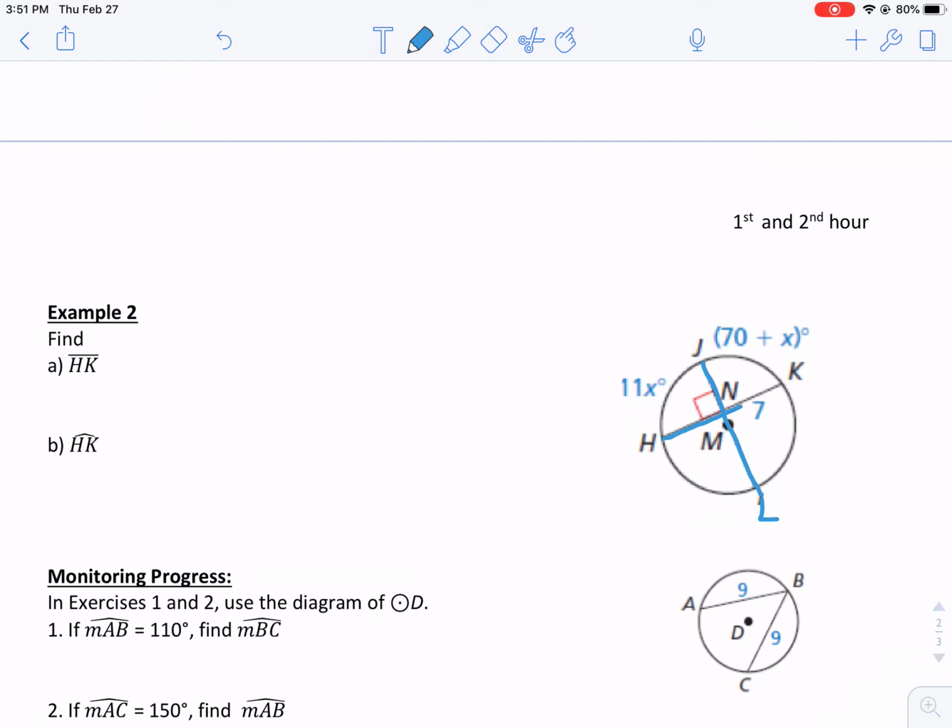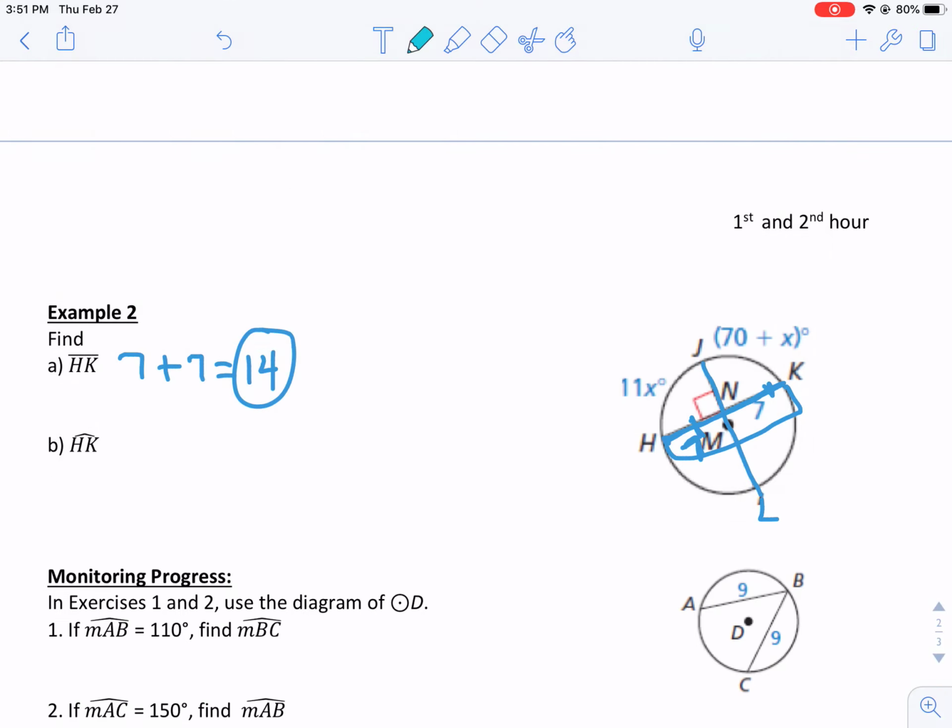And then that makes HK here a chord. Since the chord and the diameter are perpendicular, it cuts this chord into two congruent pieces. So if NK is 7, then this side is also 7. I want HK, so I want the whole thing. So I'm going to take 7 plus 7, and that gives me 14. So the whole length is 14.